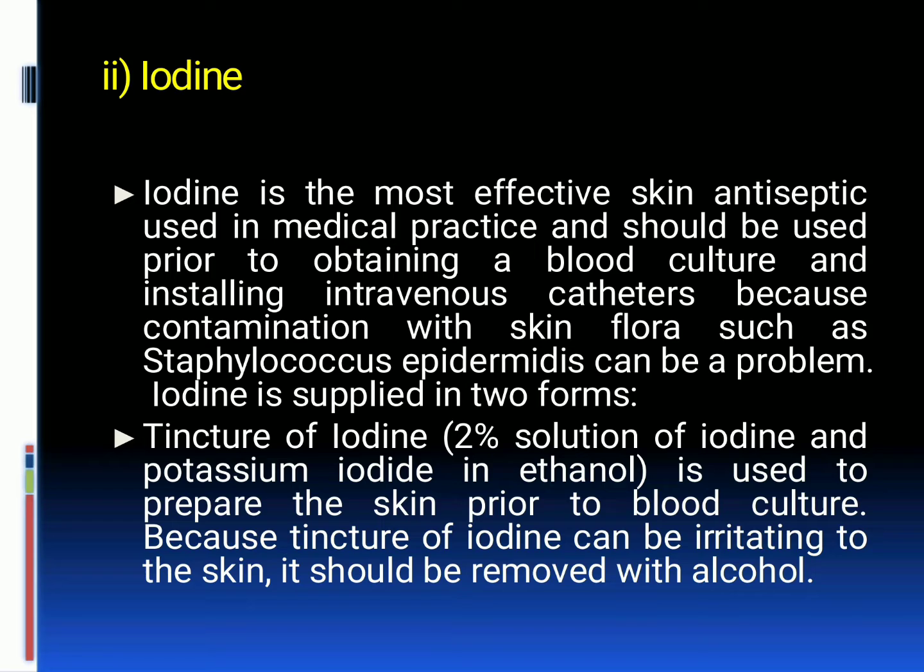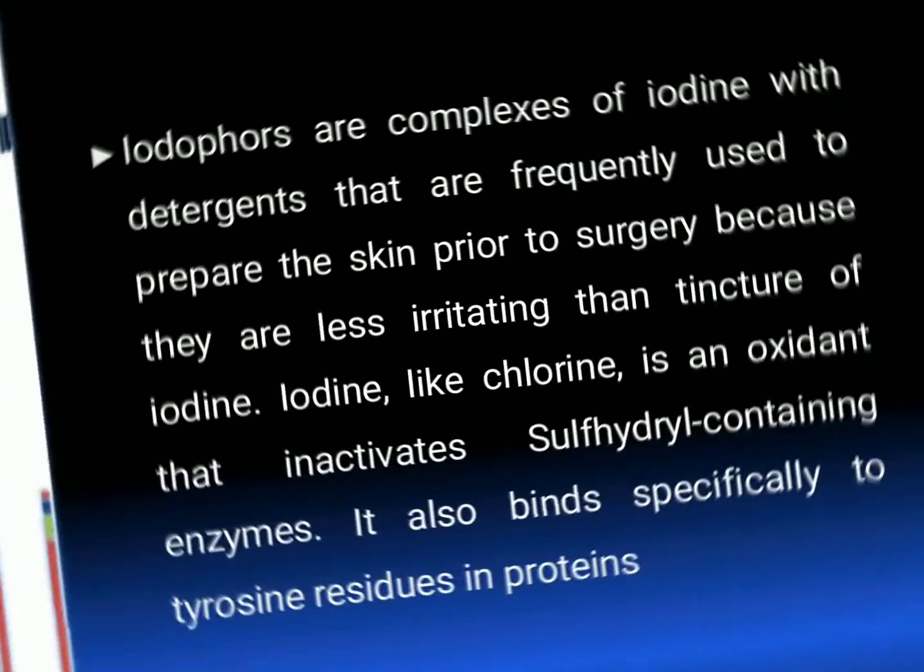Iodine is available in two forms: tincture of iodine and iodophor. First one, tincture of iodine, a 2% solution of iodine and potassium iodide in ethanol, is used to prepare the skin prior to blood culture. Because tincture of iodine can be irritating to the skin, it should be removed with alcohol.